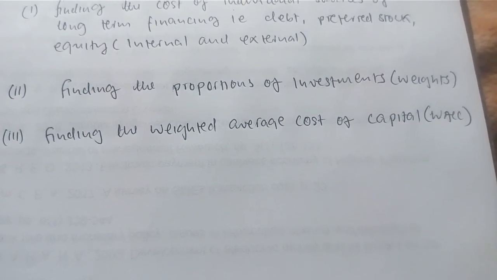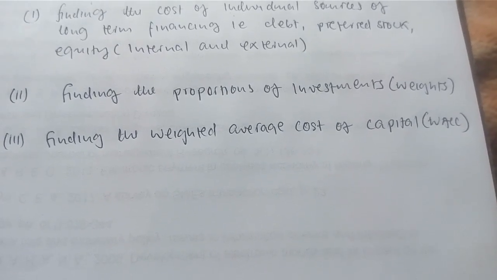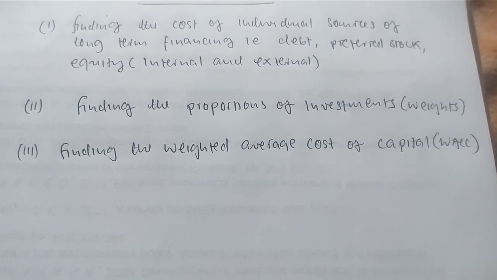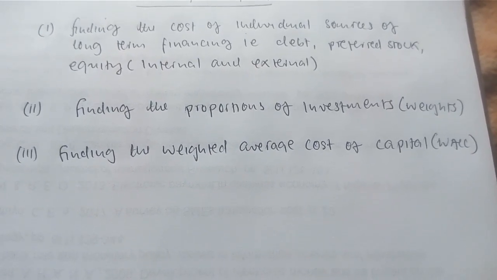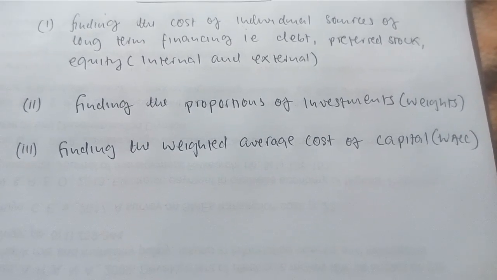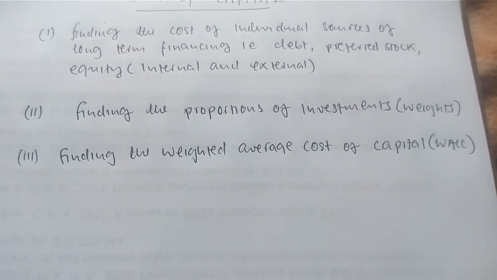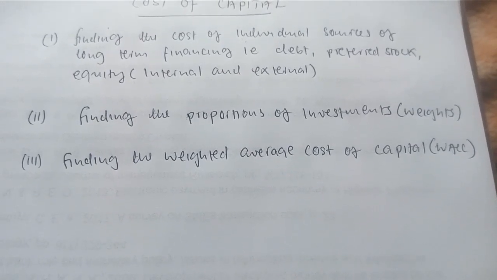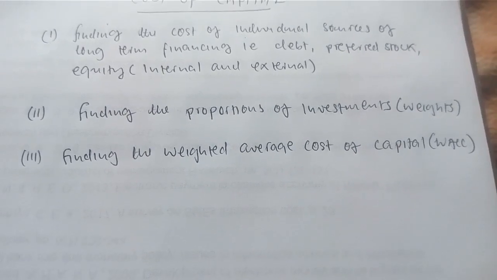And then we have basically three steps involved in finding the average cost of capital, considering these sources of financing mentioned. The first step is finding the individual costs for each source mentioned.